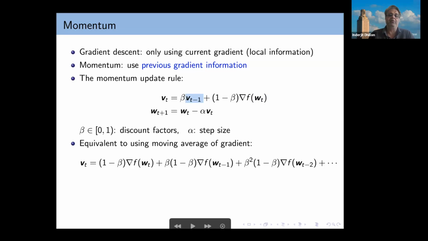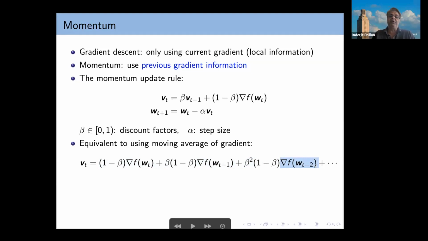So Vt minus 1 is basically 1 minus beta times the gradient of f at Wt minus 1, plus beta square times Vt minus 2, and then you keep on expanding. I can take 1 minus beta outside, and what I get is the gradient of f at Wt, plus beta times the gradient of f at Wt minus 1, plus beta square times the gradient of f at Wt minus 2.